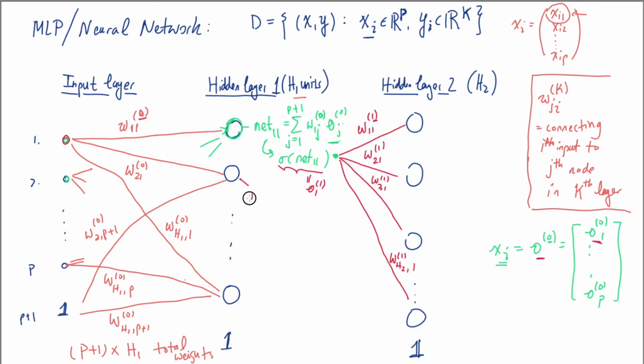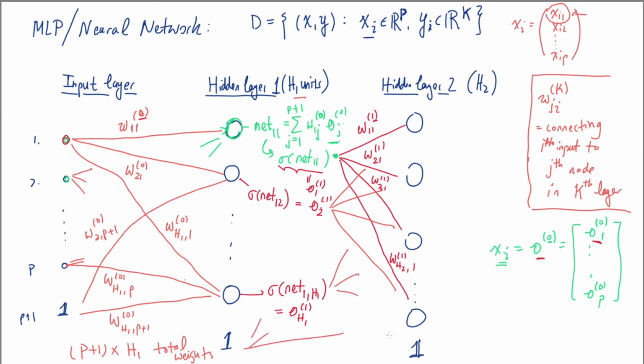The second unit computes sigma of net 1,2, and that's going to be the second output of the first layer. Similarly, this one down here computes sigma of net 1,H1, which is the H1 output of the first layer. All of these get connected to all the inputs, and so does the bias term.